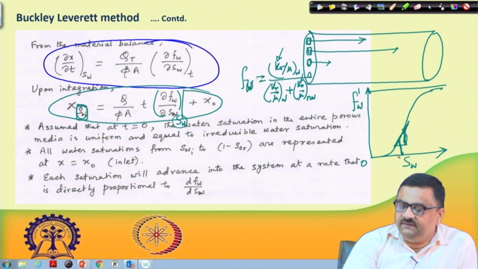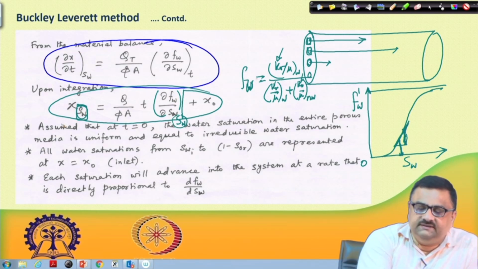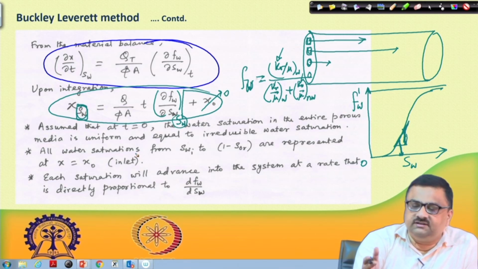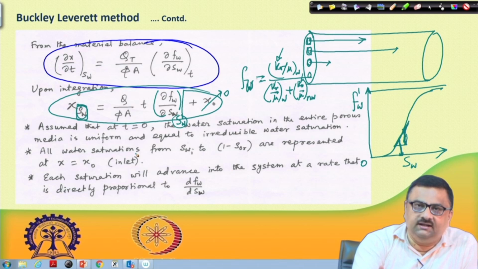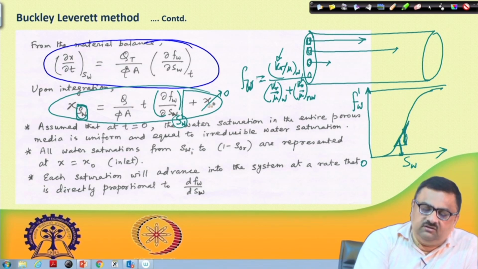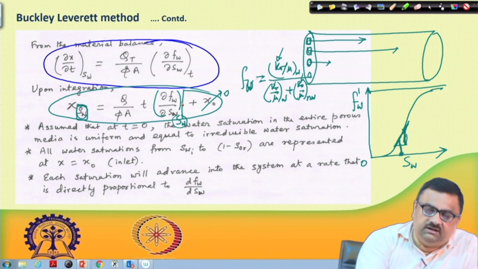Then you know that this particular Sw will travel up to this distance. x0 is 0 at the inlet, that means at t equal to 0 we assume all saturation packets are at the inlet. So, for this given Sw we find del fw del Sw from the curve: we find that Sw, go up there, find this location, draw a tangent, find the slope, put it here.